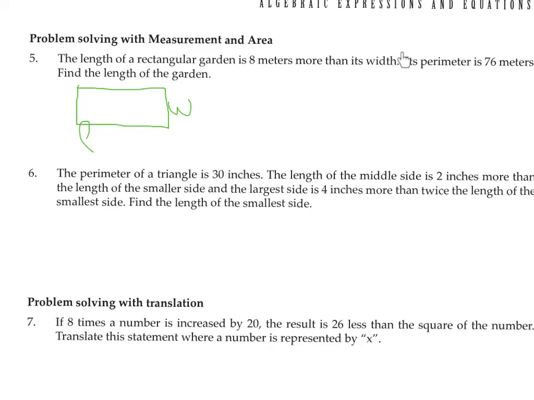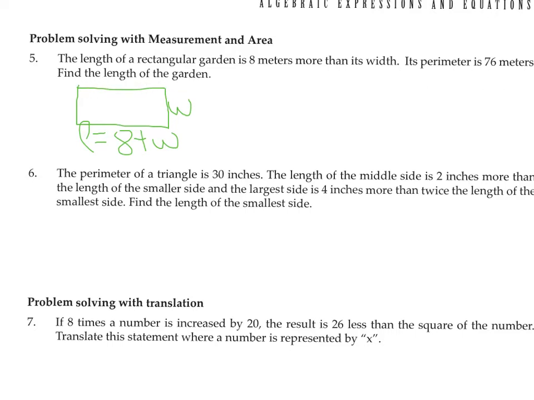Okay, you need to take this and finish your description of the length using this description up here. 8 meters more than the width is 8 more than width, or length equals 8 plus width. More than means plus.